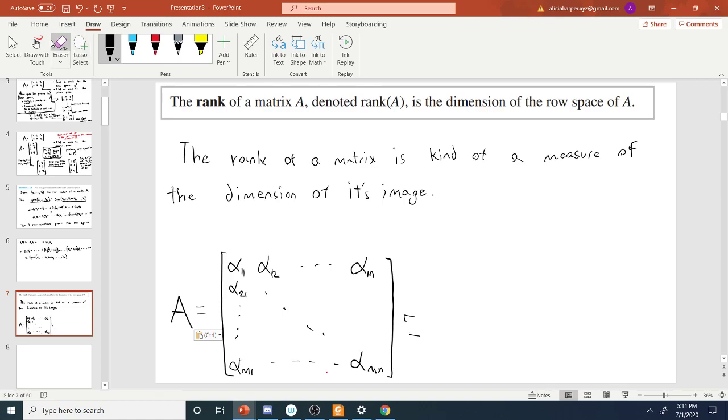And we can think of A as a function. And it's a function that goes from Rm, or I'm sorry, it's a function that goes from Rn to Rm.